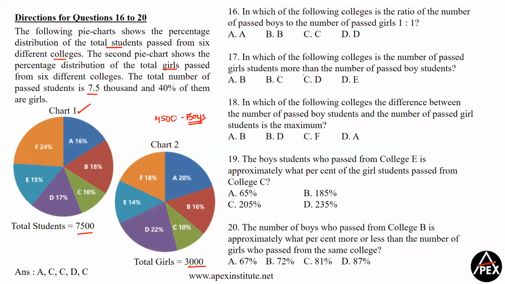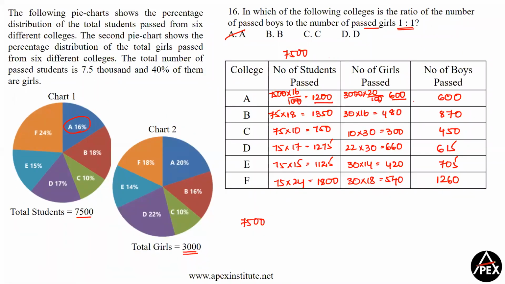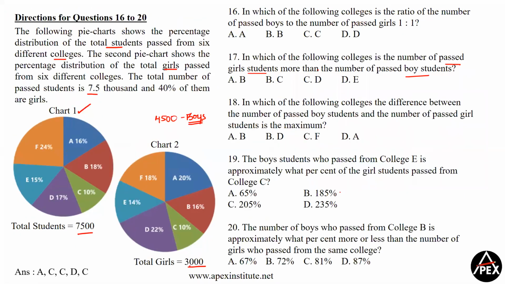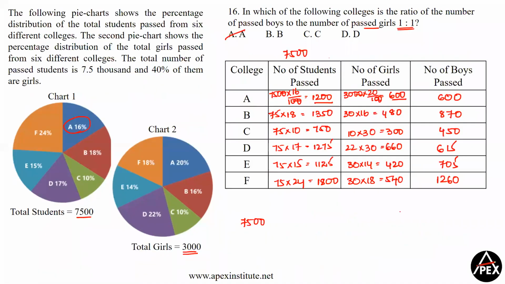Now the 17th one. In which of the following colleges is the number of passed girl students more than the number of passed boy students? So in A, no. And what are the options? B, C, D, E. Okay, let's find in which college this is possible.